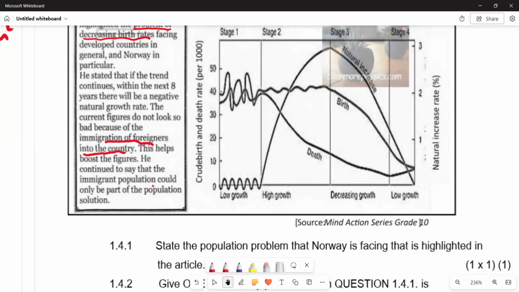The gap that has been created by the decreasing birth rate is being closed by foreigners that are coming. So on the other hand, we are having more people in the country. Because there are foreigners immigrating into the country can be the explanation that we have there.